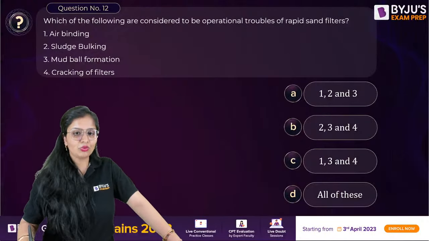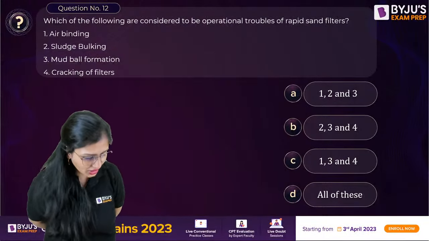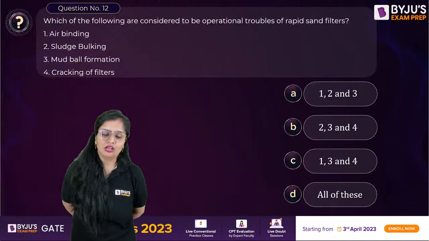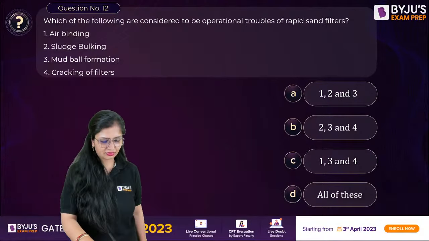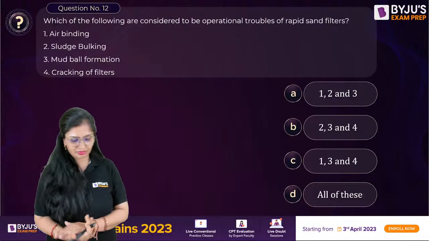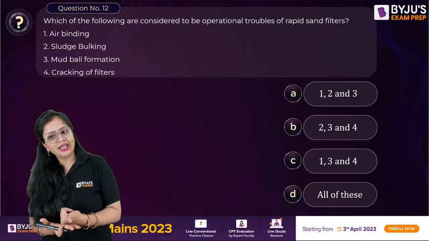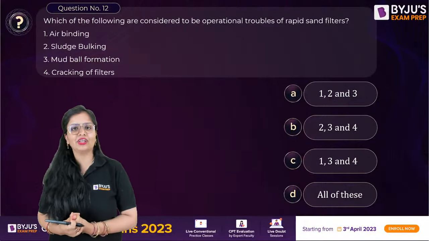Okay, so we have one more question. Which of the following are considered to be operational troubles of rapid sand filter? Come on, guys, be fast. Air binding, of course, negative head and vacuum and everything is there.